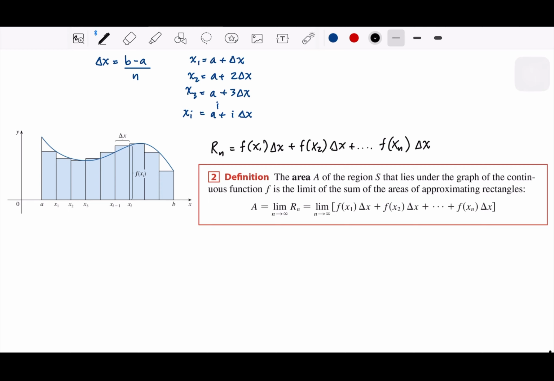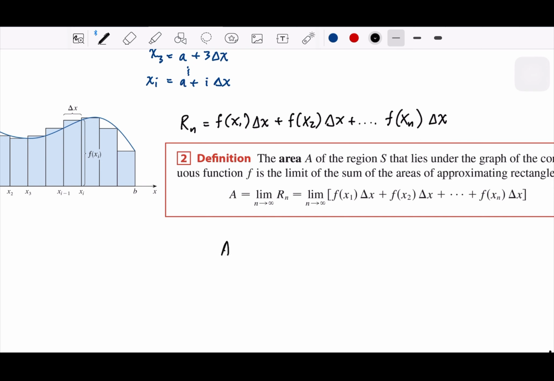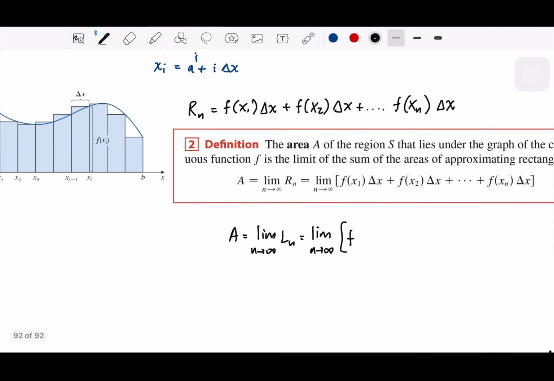And this is also the same thing with the left. I haven't written that, so let me write the L. The difference is that the starting point for the left one starts from x0 and ends at x n minus 1.